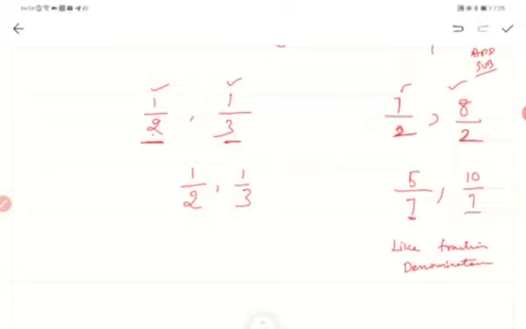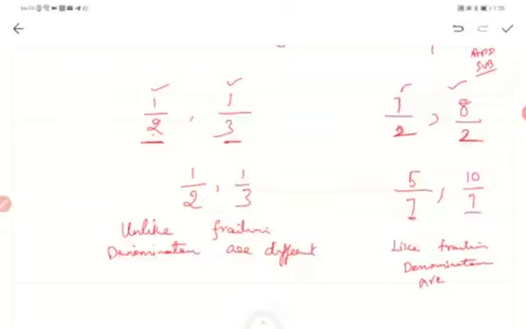These are unlike fractions because the denominators are different, they are not the same. Here the denominators are the same, so these are like fractions.